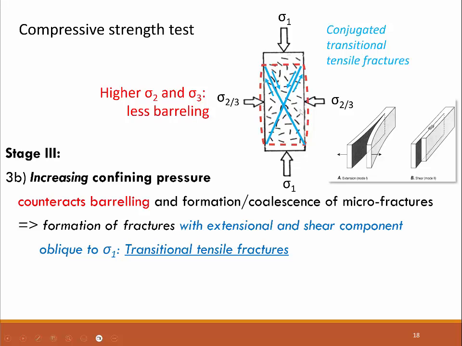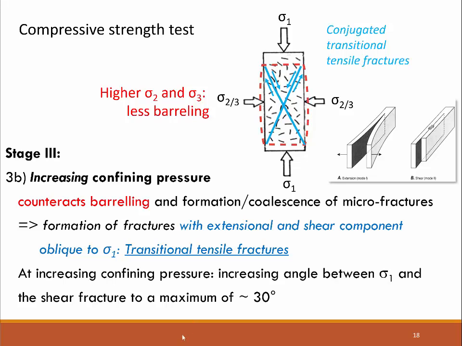But what is not shown on this diagram is that they would also have a component of tensile opening, just like the fractures that we have seen for low confining stresses, or the fractures that form in tensile failure under tensile strength test conditions.